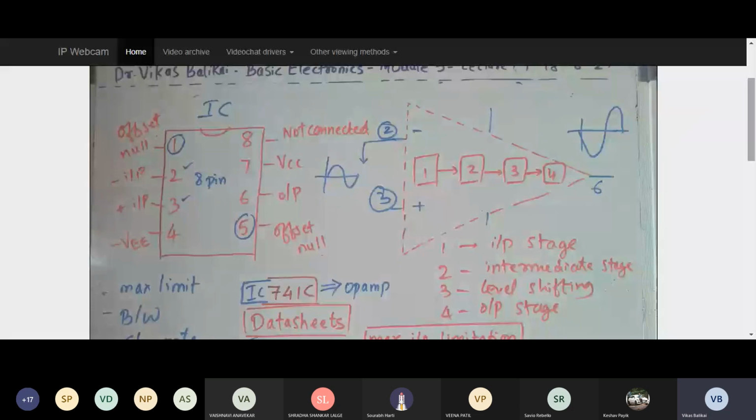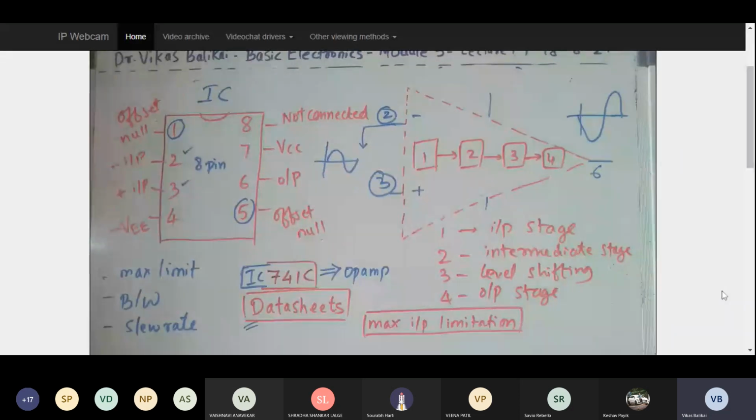What does this data sheet tell us? What information will this data sheet give: the maximum value of input I can give, the maximum value of output I can expect out of this IC, the supply voltage that can be given, the minimum value of input resistance that has to be maintained, the maximum value of input resistance, and the minimum and maximum value of output resistance.